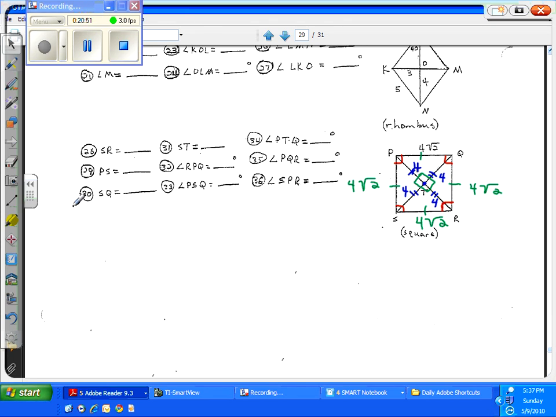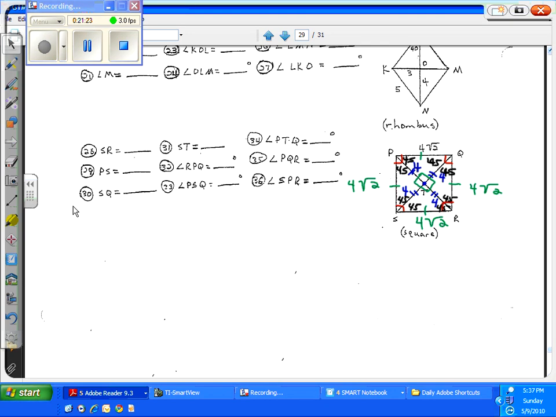We also know that each diagonal bisects a pair of opposite angles. Now, if the diagonal bisects this angle, which was 90, then both little pieces will be 45. Same here, and same here. And so now we filled in the whole picture just using our properties.